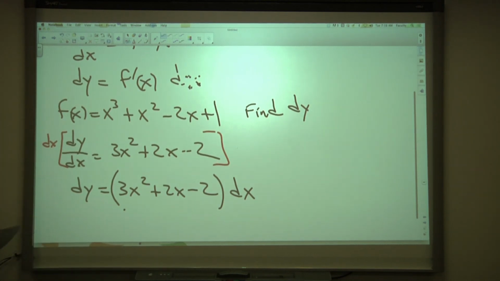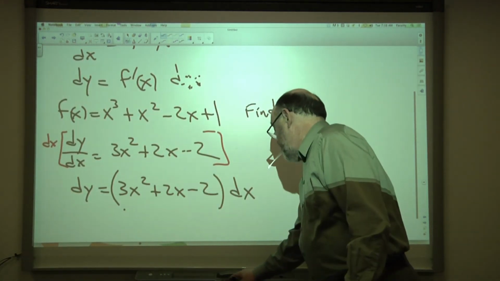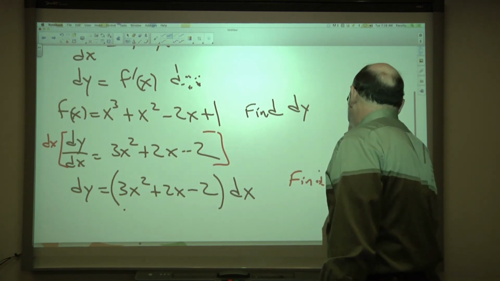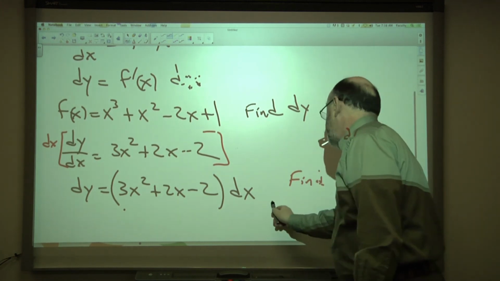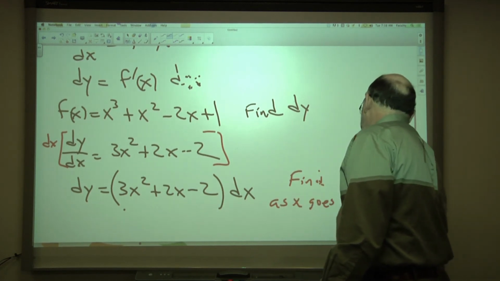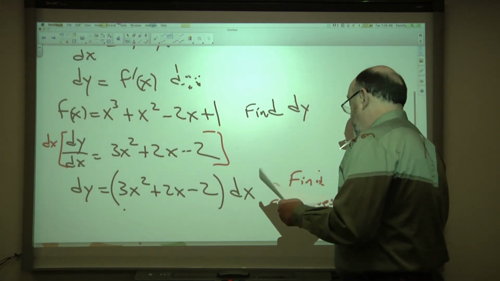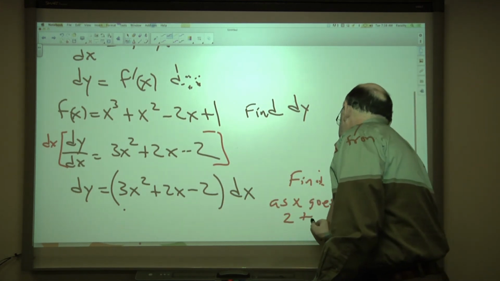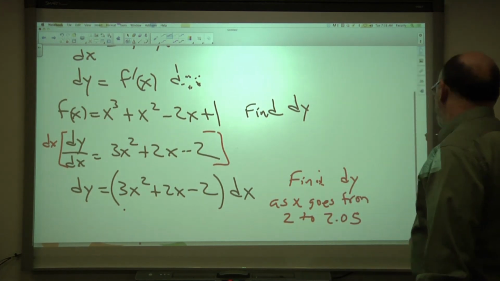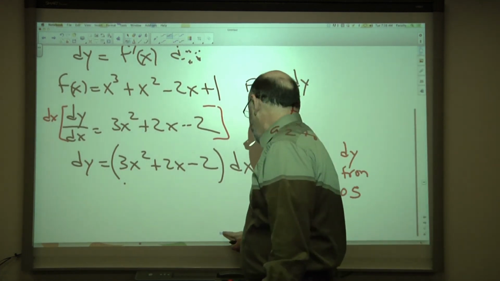So now let's say we actually want to find dy as x goes from 2 to 2.05. Right? So we have our equation here. So now what we got to do is just take our numbers we have and plug it in.